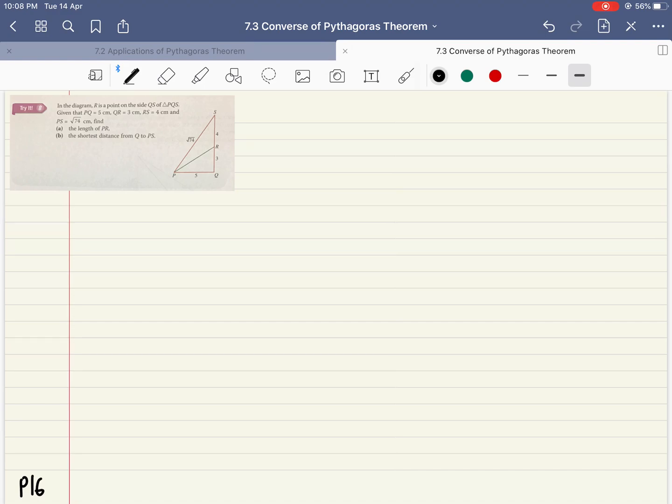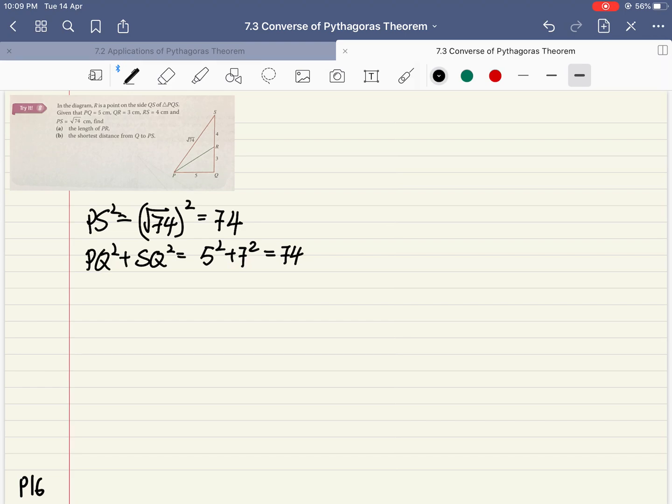So first and foremost, I will start by saying this. I will say that PS square is equal to square root of 74 square, which is exactly 74. Then PQ square plus SQ square is equal to 5 square plus 7 square, and it's also equal to 74.